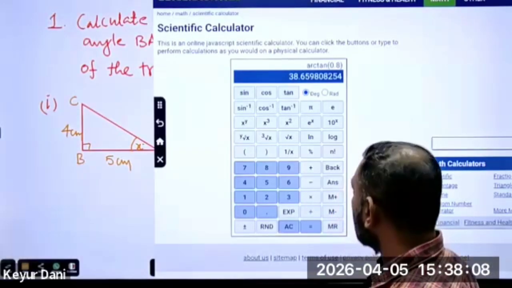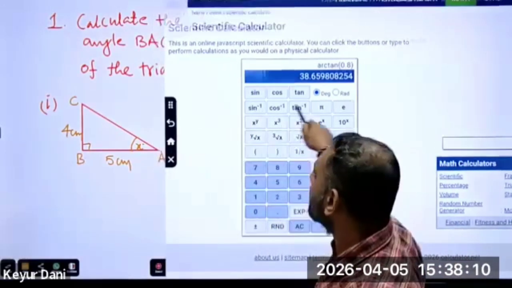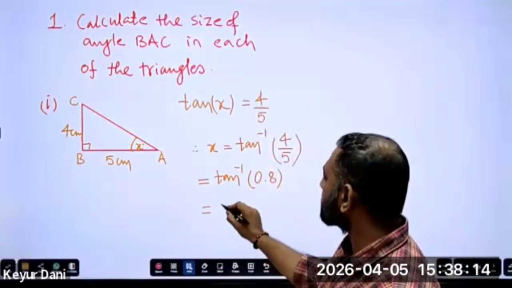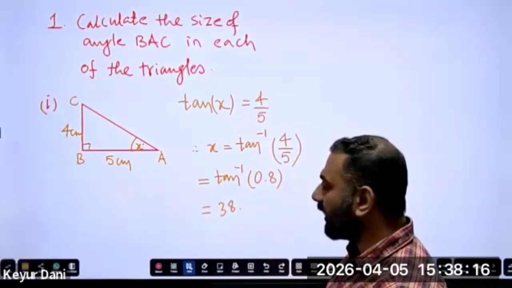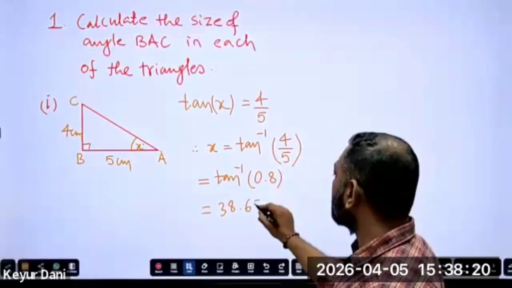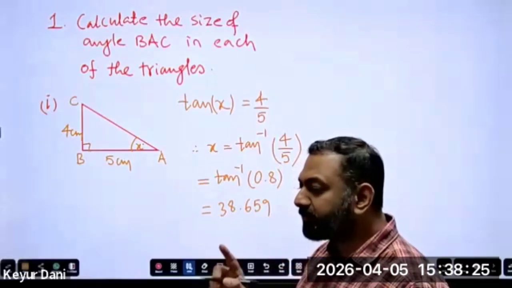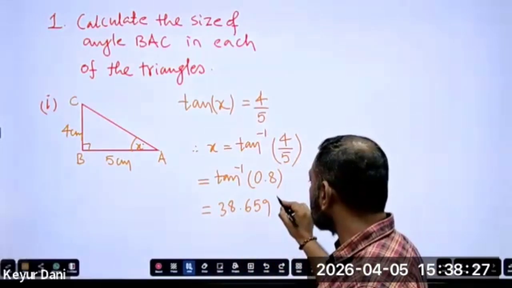Yeah, same. Correct. So your answer is 38.659, but this answer is in terms of degrees. So 38.659 degrees. This is how you solve the problem.